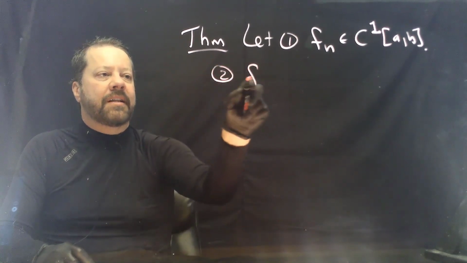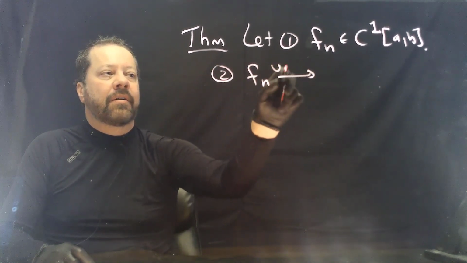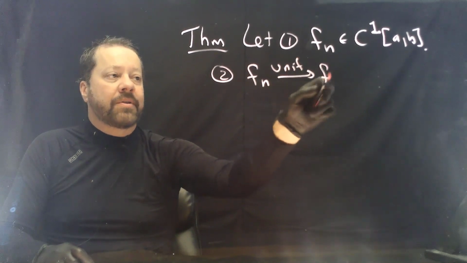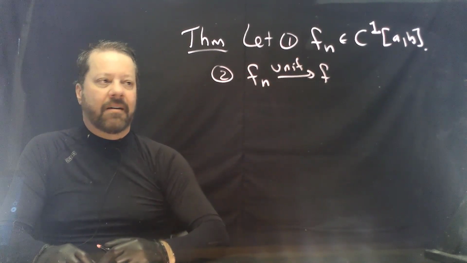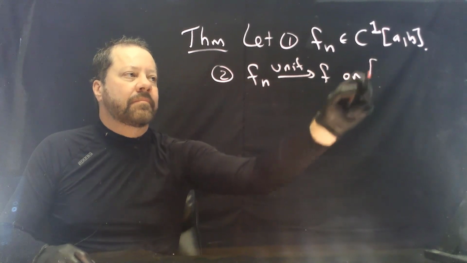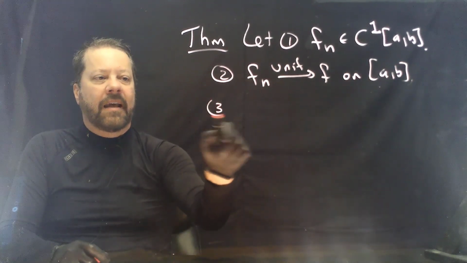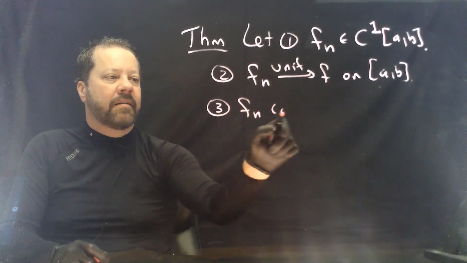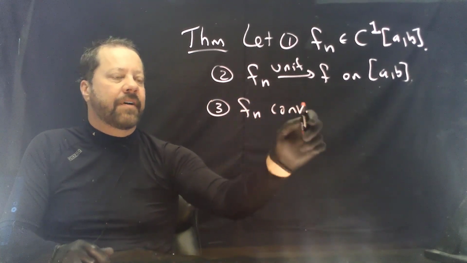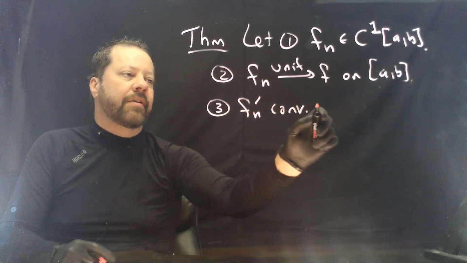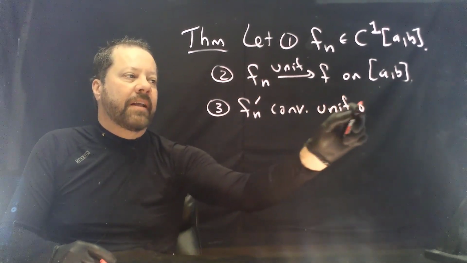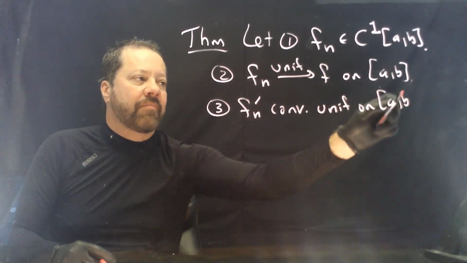Let's suppose that these converge uniformly to some function f on AB, and let's suppose that these functions have derivatives that converge uniformly on AB.